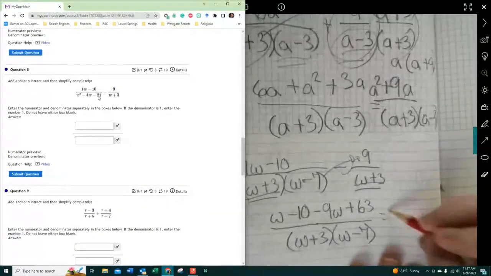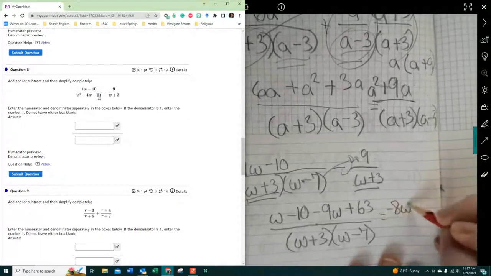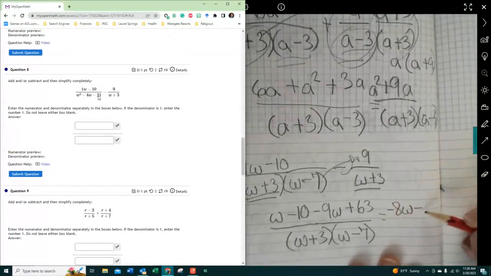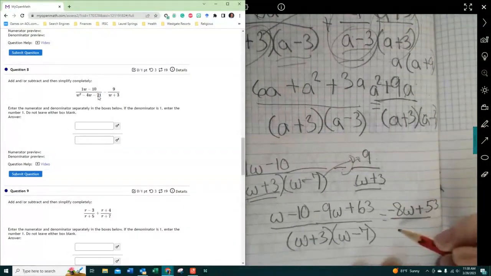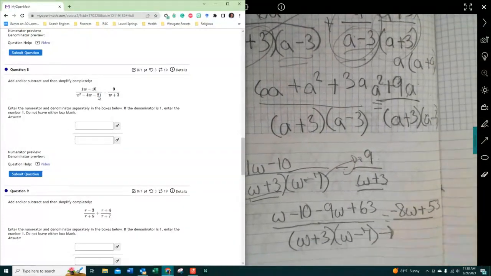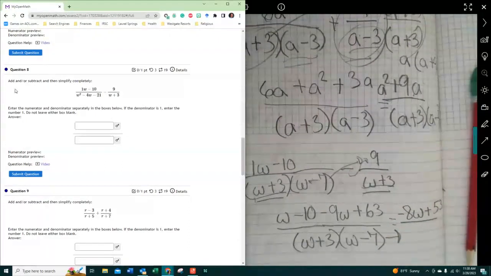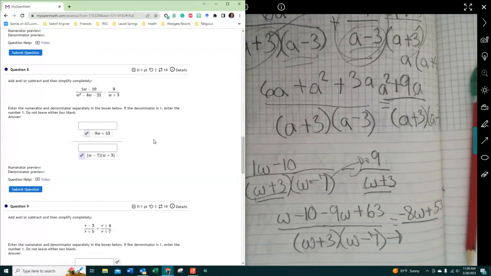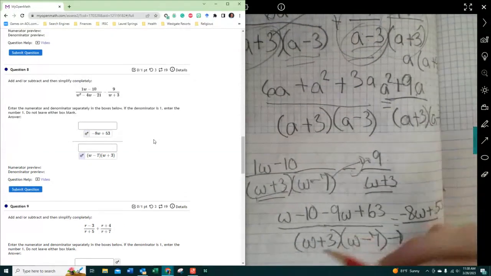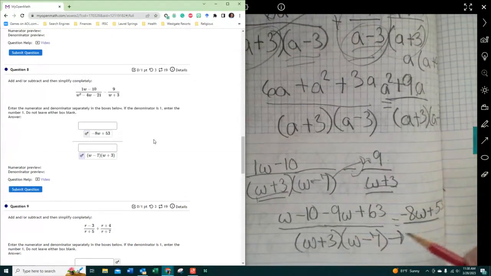That's going to give me negative 8w plus 53 over, and then I'm tired of rewriting it, so I'm just going to be lazy and put an arrow and say that's my answer.